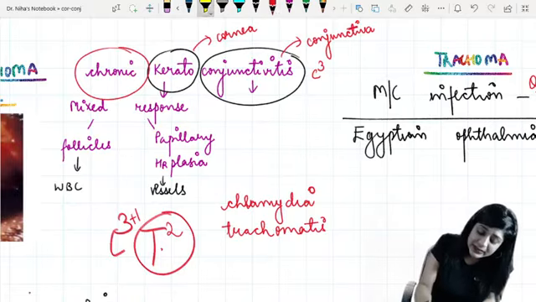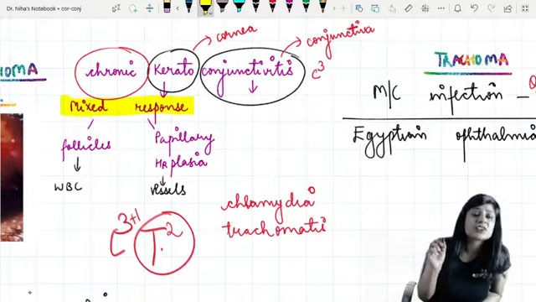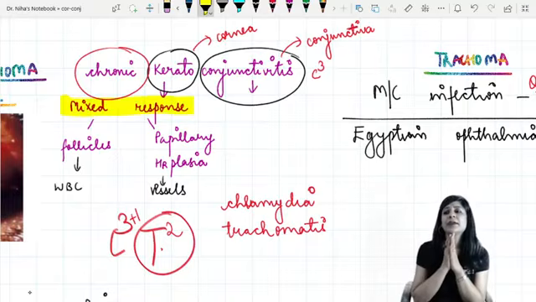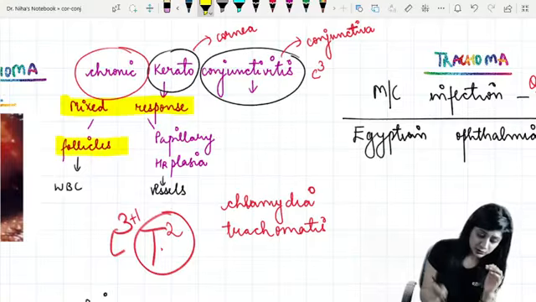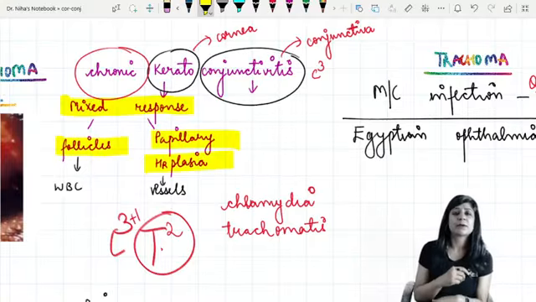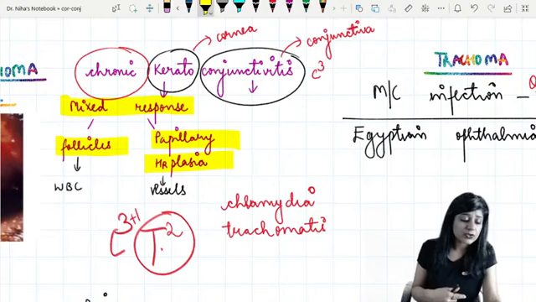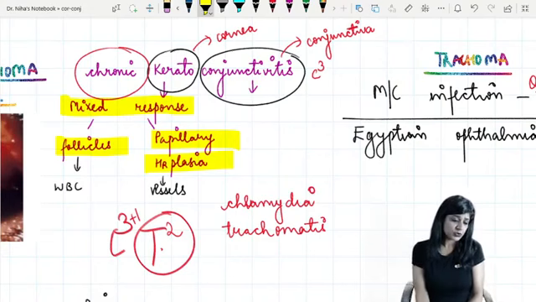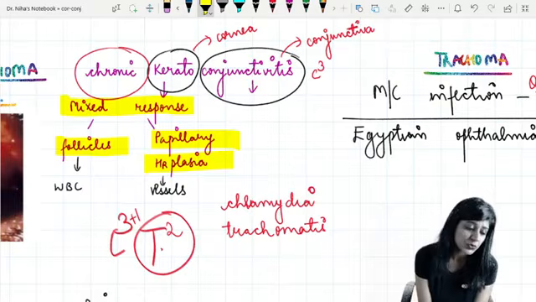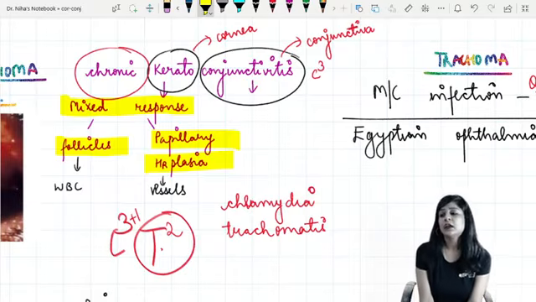Another important thing is that it is showing a mixed response. What does mixed mean? It is showing me follicles and it is also showing me papillary hyperplasia. It is usually affecting children.